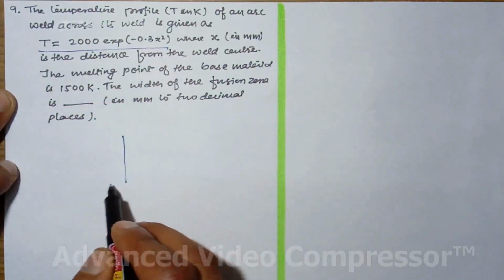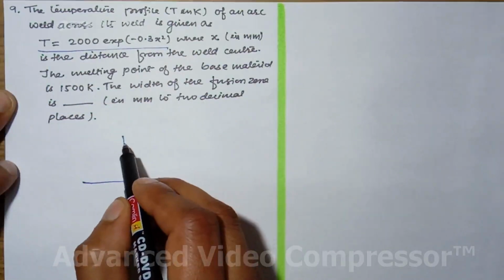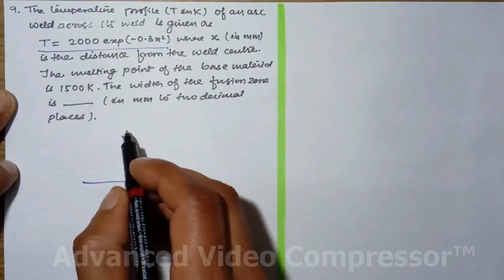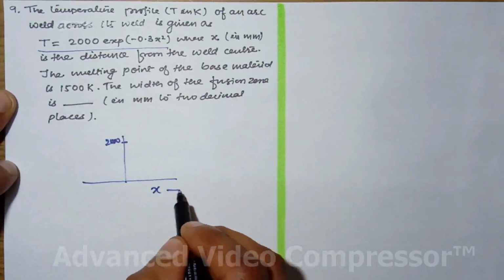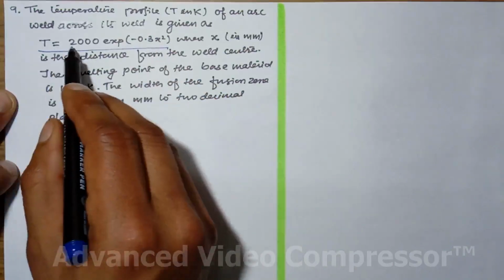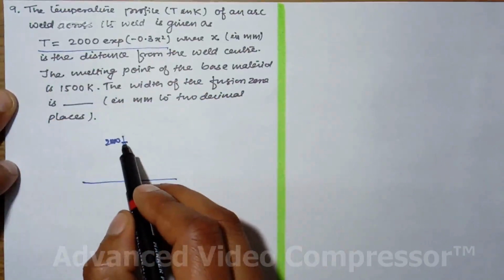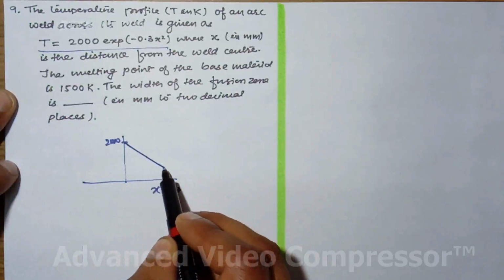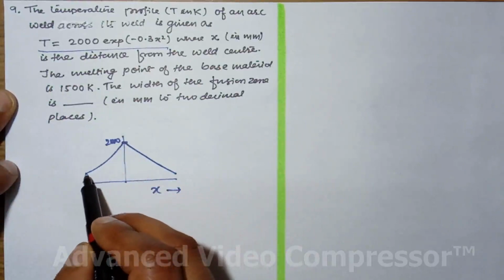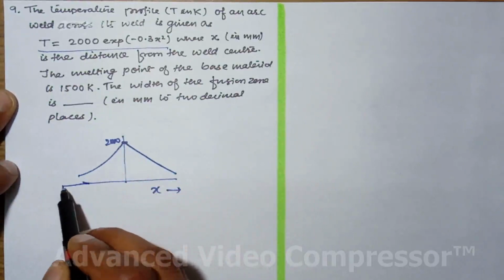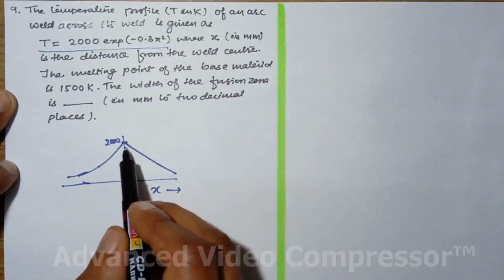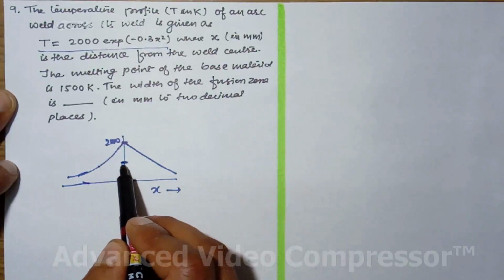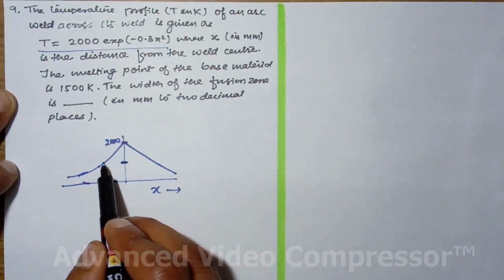So this expression will somewhat be like this: from 2000 Kelvin, if you take x equal to 0, then it will be 2000. So from 2000 the temperature will vary like this on both sides, and the point where the temperature will be equal to melting point, suppose let it be this point.